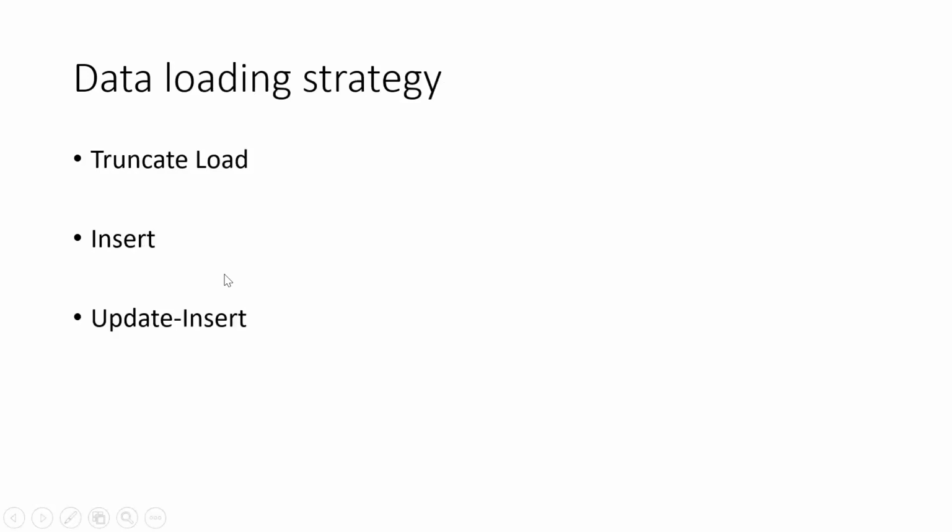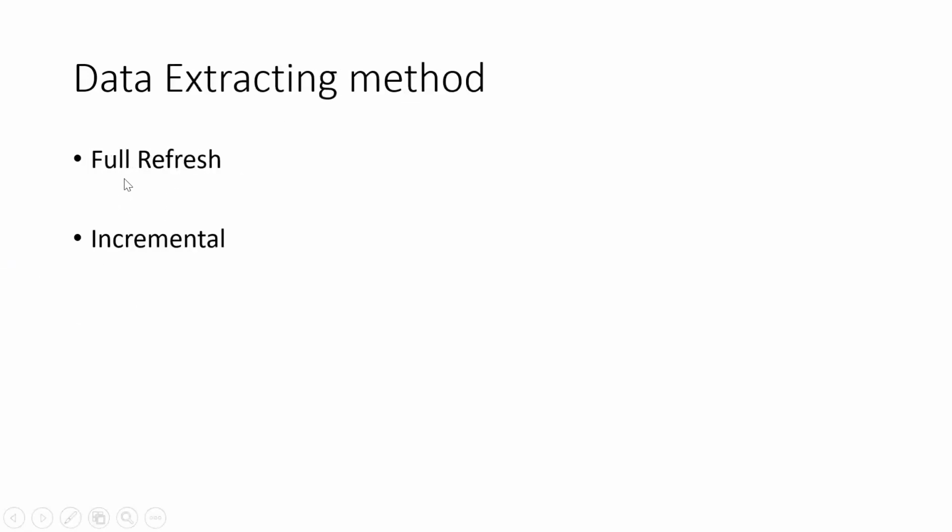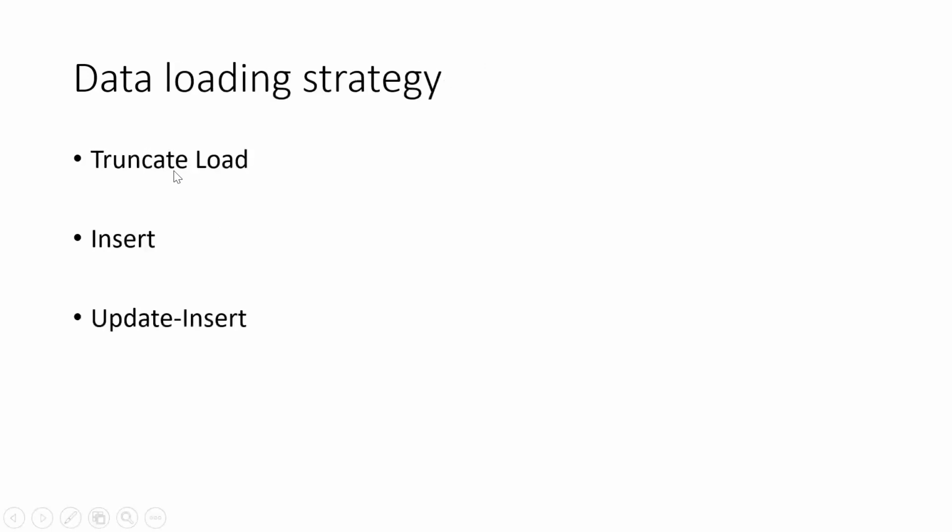Now I'll be mentioning the loading strategy. Similar to the above, for full refresh we need to truncate and load. If we go ahead with the full refresh, the target table should be truncated first, that means truncate table name, and we'll push all the records from source system to target.